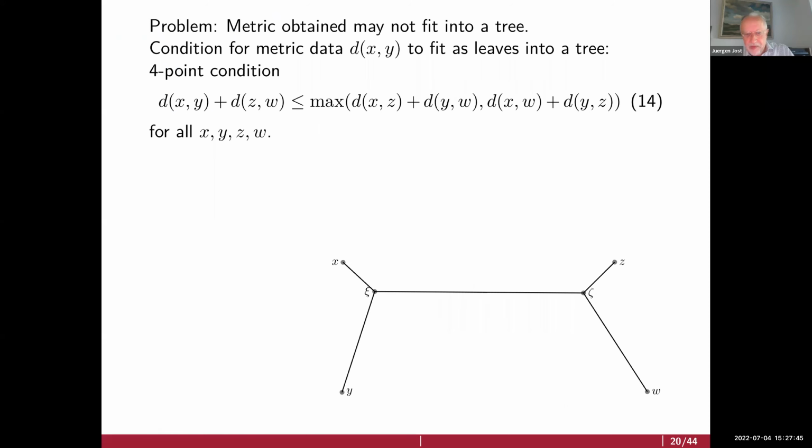So here, the species that you have are X, Y, Z, and W. And for computing the distance, you just have to look at the length of the line segments joining them.